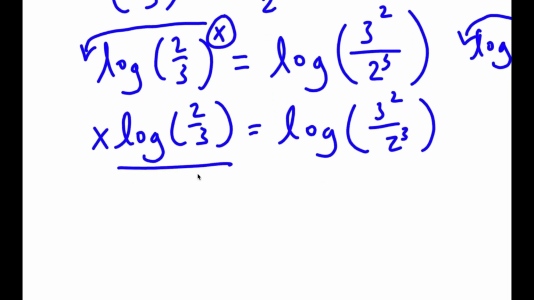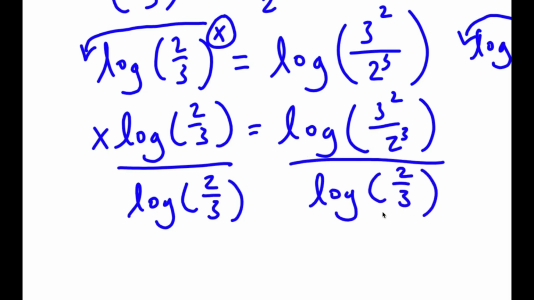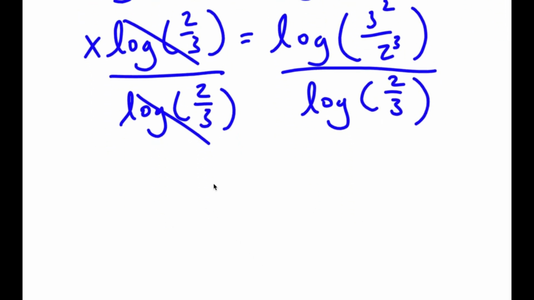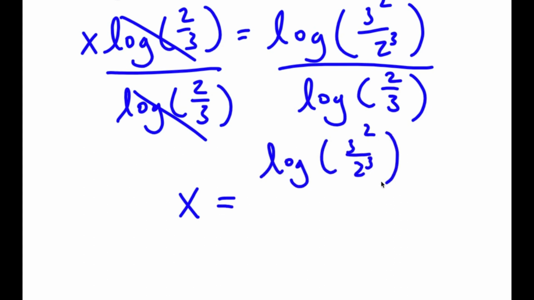Now I'm going to divide both sides by log 2 over 3. So then these two cancel out, and I have x is equal to log 3 squared over 2 to the power of 3 divided by log 2 over 3.